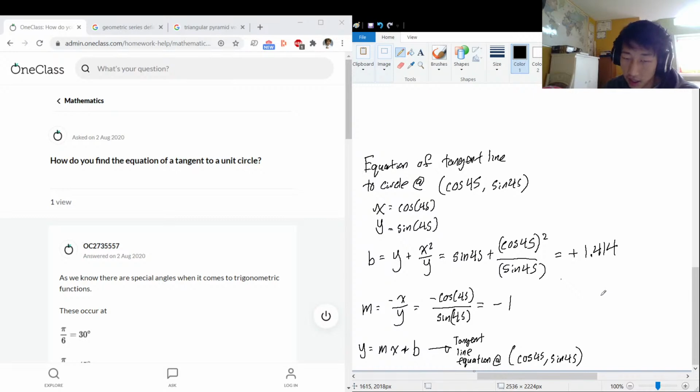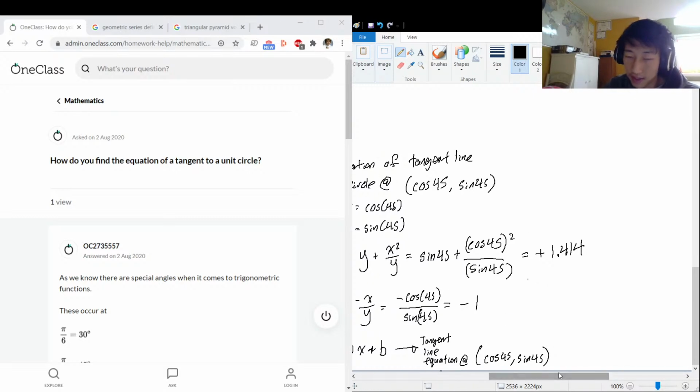So the equation for a line that is tangent to this point is going to be y equals negative 1 times x plus b, which is 1.414.